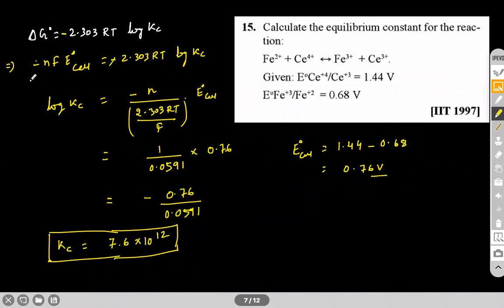So this minus gets cancelled. This is the answer we get. So the answer for this question is 7.6 into 10 to the power 12.